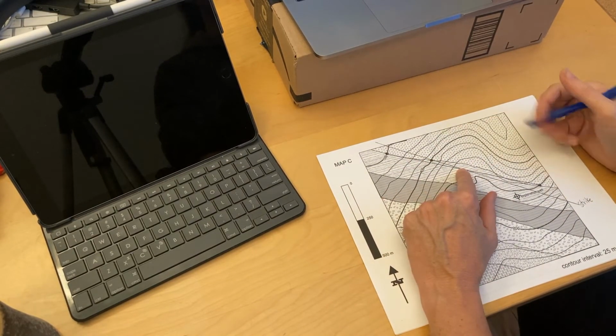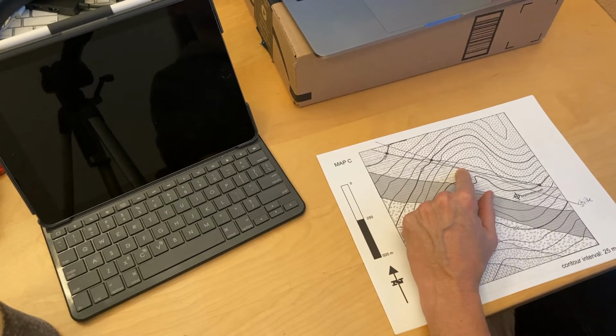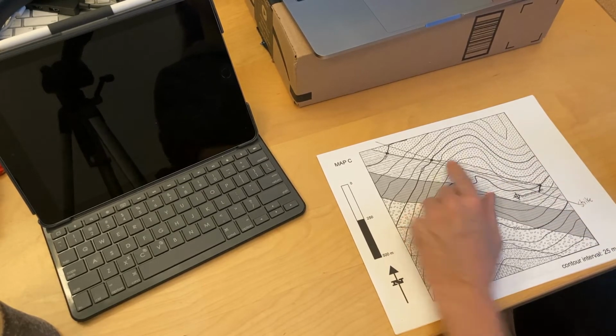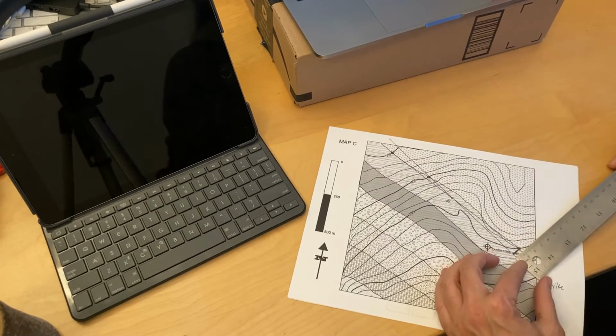Now you need to draw a line from your strike line known elevation to another point. We might as well use one of the points we've already got. This is 100 meters of elevation change in the plane. It's so short I don't even need to draw it with a ruler, but I do need to know its length.